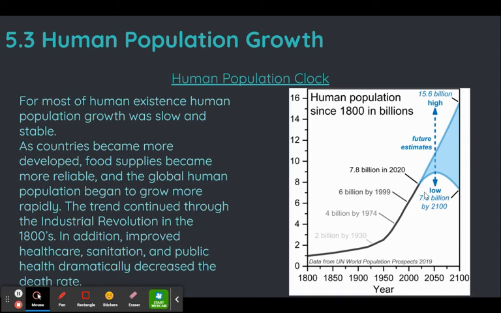Now, there's some who say that the carrying capacity for Earth is about 7 billion. There's others that say the carrying capacity for Earth is over 10 billion. No one knows. And the reason that no one knows what the Earth's carrying capacity is, is because technology continues to help us move that carrying capacity bar a little bit higher.